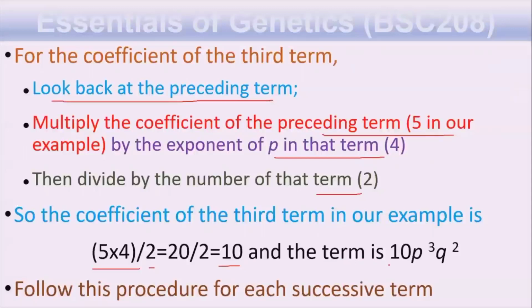So the term will be 10 into p raised to the power 3 into q raised to the power 2. By following this procedure for each successive term, we can easily calculate the coefficients and exponents of all these terms.